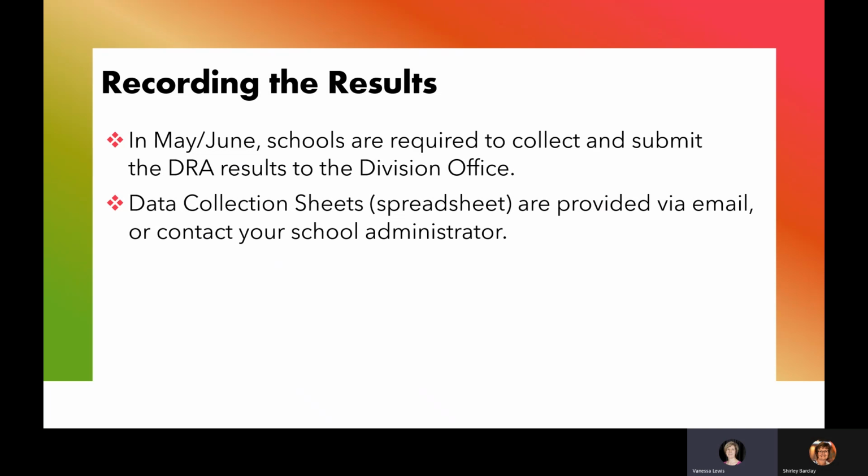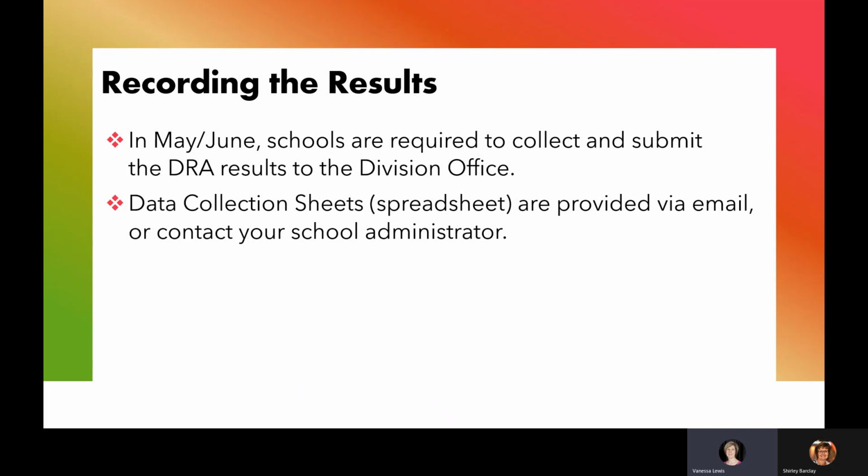As teachers, there are a number of data collection sheets or an electronic spreadsheet which can be used to provide all the details of the DRA. Something to mention for those who maybe aren't quite as familiar with Excel: we have to record the student scores on different pages of the data collection package, depending on the level of text they've read.